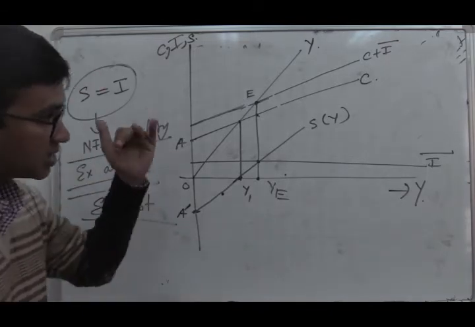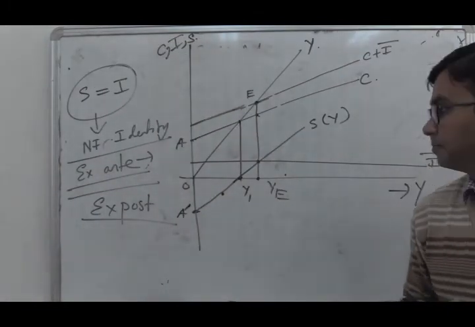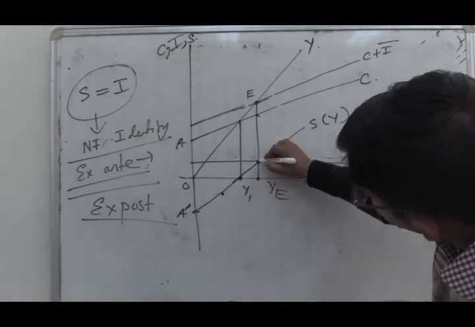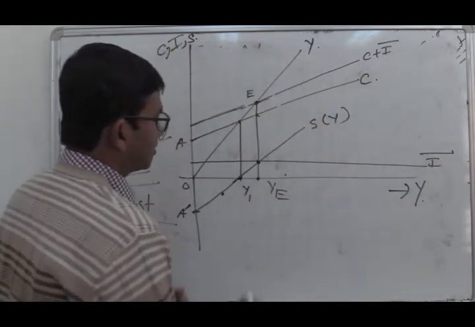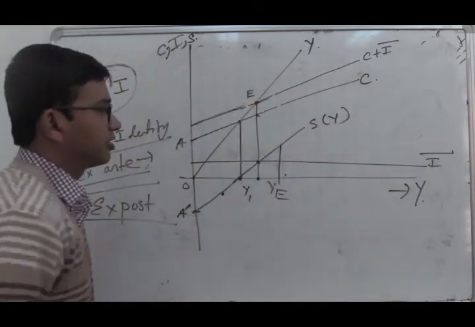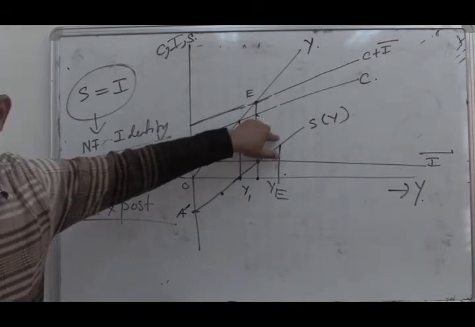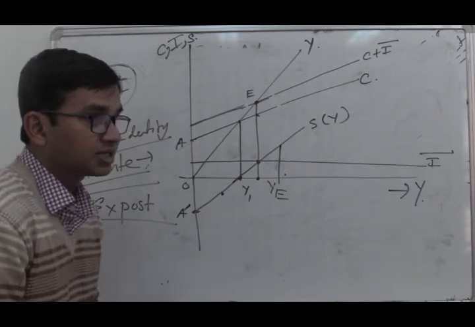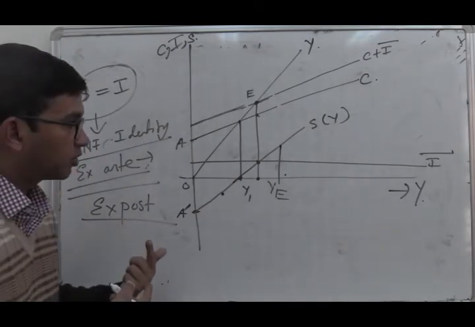So here comes the stability of the equilibrium in a simple Keynesian model. To measure the stability, we have to find out whether investment equals savings. For example, if we consider the right-hand side, savings will be greater than investment. If savings is greater than investment, what will be the adjustment process?